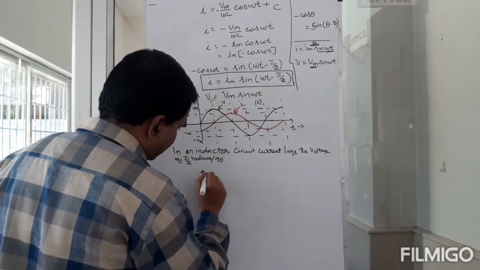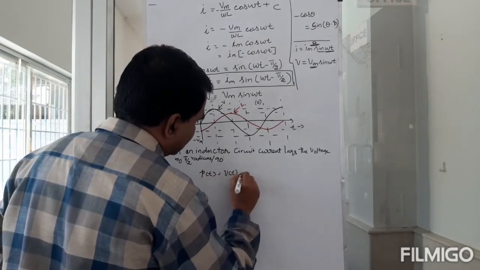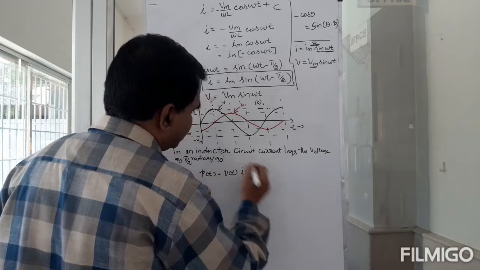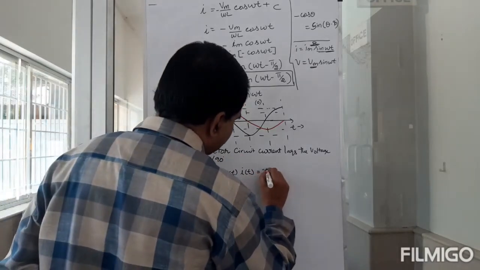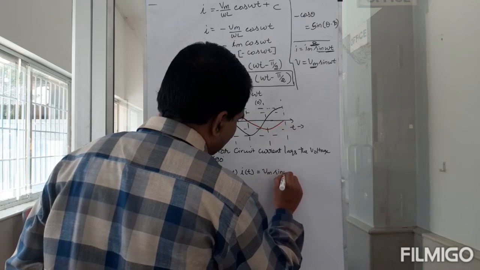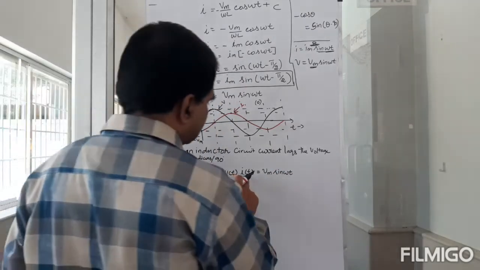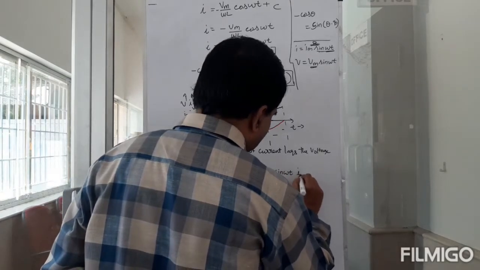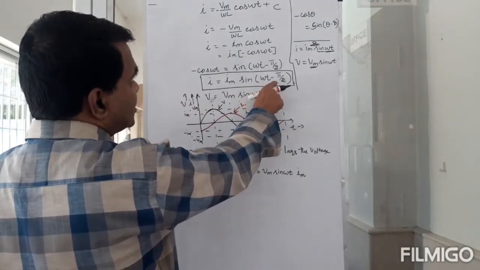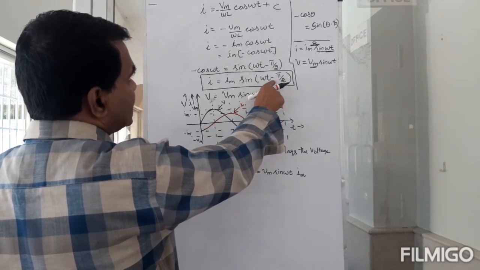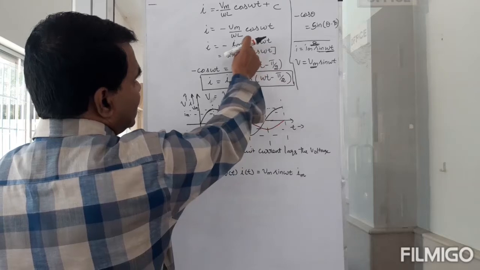So instantaneous power, P of t, is equal to V at the time times current at the time. In this case, V at any particular time is Vm sine omega t, and the current is Im sine omega t minus pi by 2, which I can write as minus cos omega t.